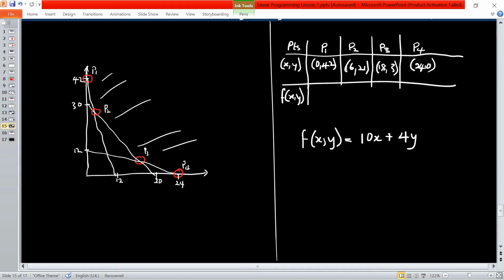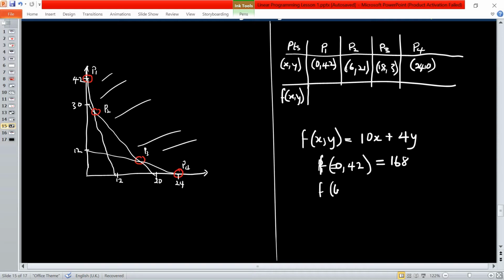So if you use x to be 0 for P1, you calculate f of 0 and 42, and it's going to give us 168, right? Yeah, it's going to give us 168.